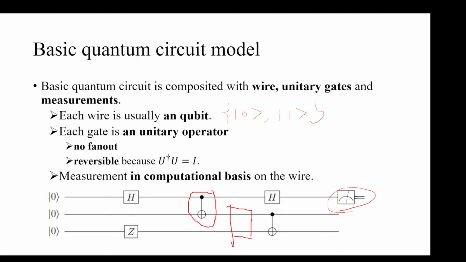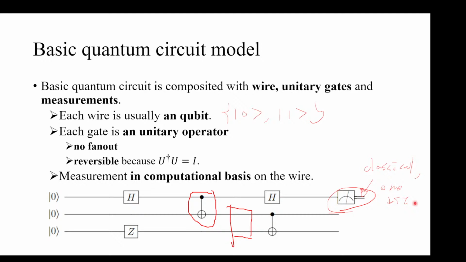Because the wire is usually a qubit, measurement will give you a 0 or 1 outcome. Here a single line means a quantum wire, so this is one qubit, and we use the double line notation to mean classical information, so basically this is 1 bit.